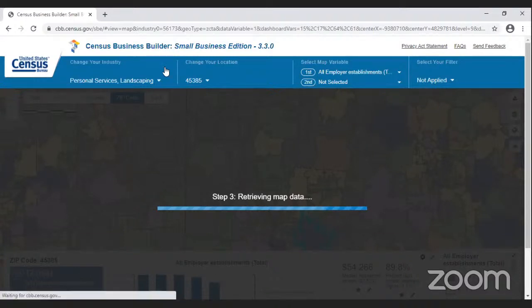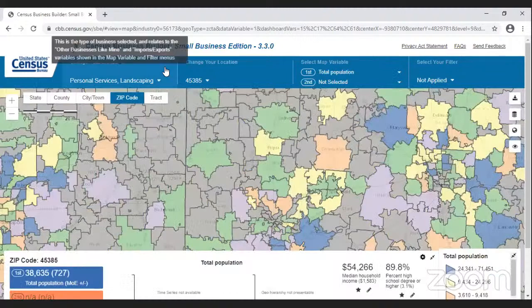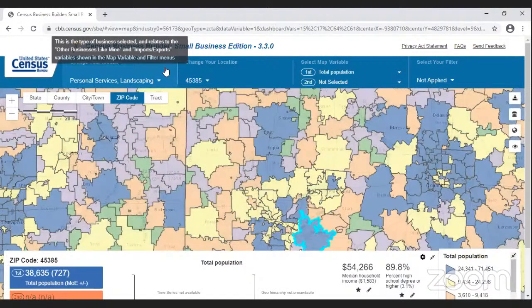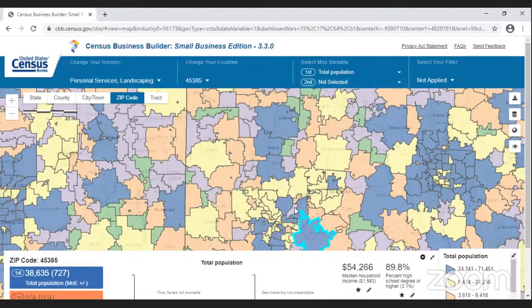And of course, in this example, I didn't look at housing. I would look at when homes are built. I would look at home values as well. If I was looking to open a landscaping business, there's any number of variables that I'd want to look at. But I'm just showing you some of the main things of Census Business Builder.